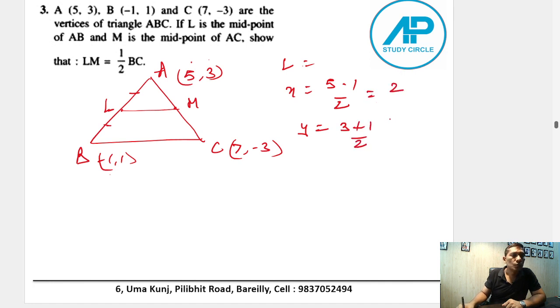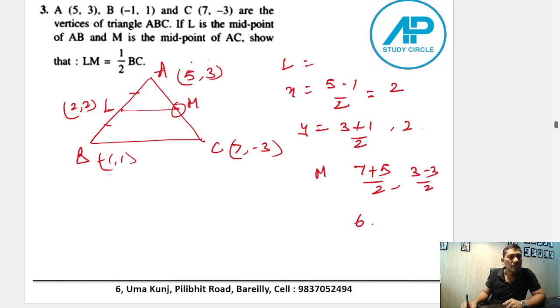That gives you 2 and 2 again. So coordinates of point L is 2 comma 2. Coordinates of point M, I hope you can calculate them in your mind also. 7 plus 5 upon 2 and 3 minus 3 upon 2. 6 comma 0. Points of M.